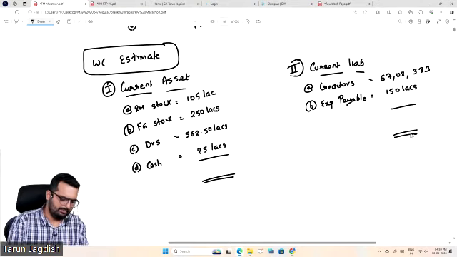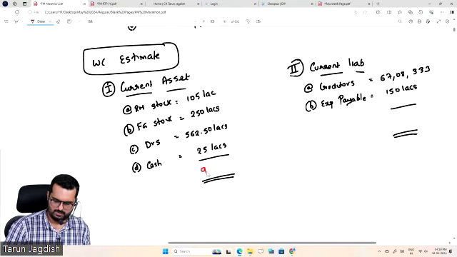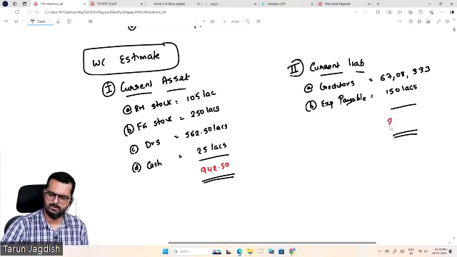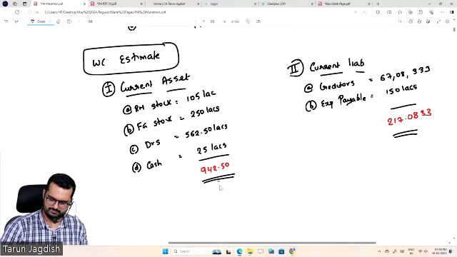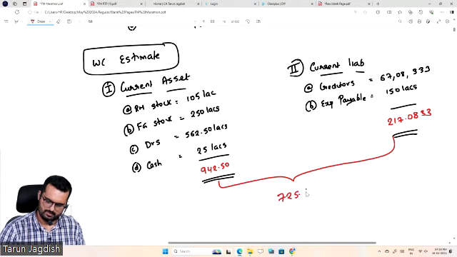All right. Can you tell me the numbers now? What is the total of current assets that you get over here? 42.5 lakhs. And what about current liability? 17.0833 lakhs. Net working capital? 25.4167.